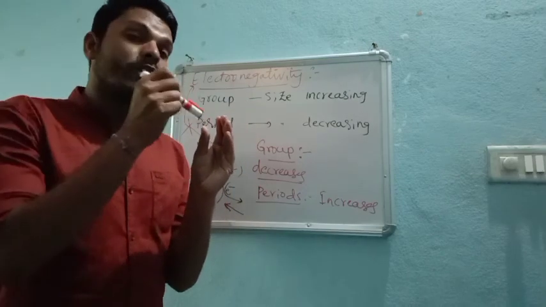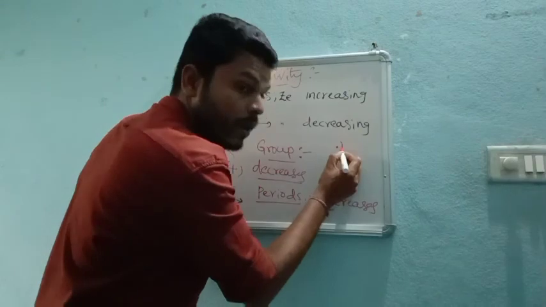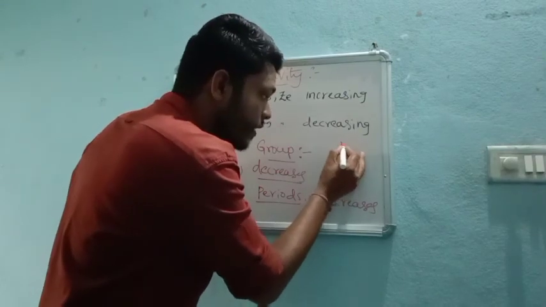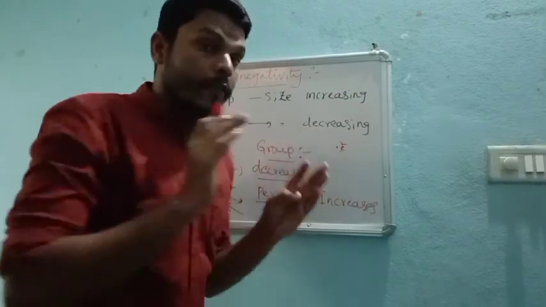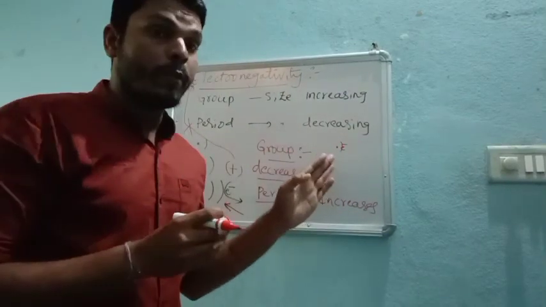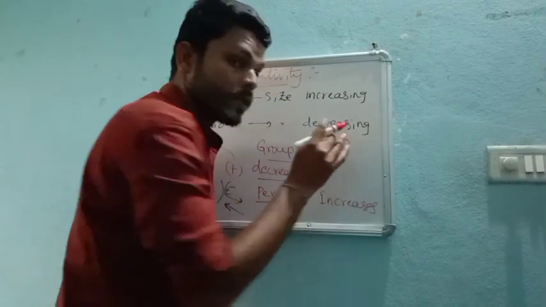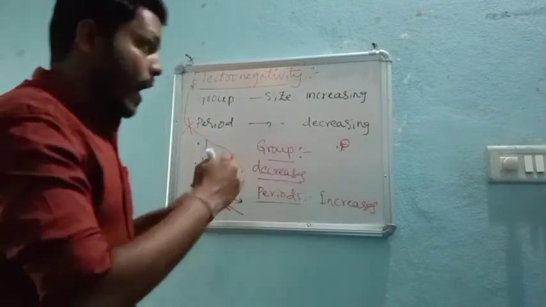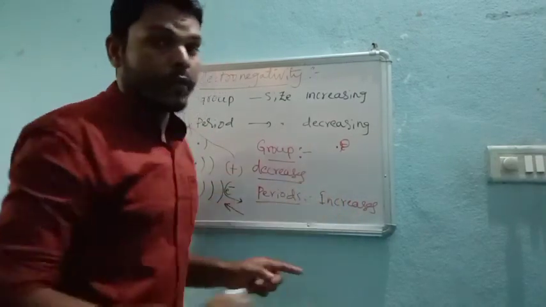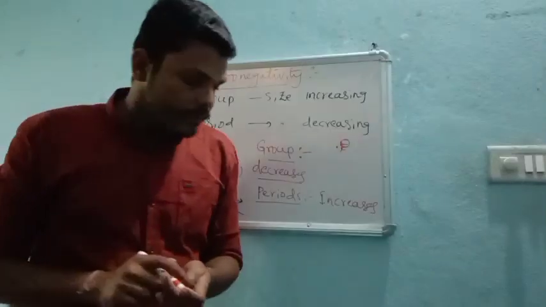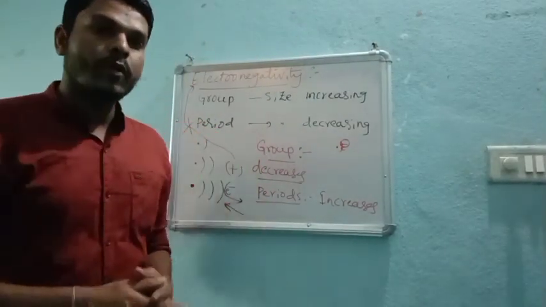If the shell size decreases, the valence shell electrons will come very near to the nucleus. If the valence shell is very near to the nucleus, it is very difficult to remove. If it is not possible to remove the electron, then the negative charge will always be present on the atom. So that's why in the period, electronegativity character always increases, right? So this is all about today's class.